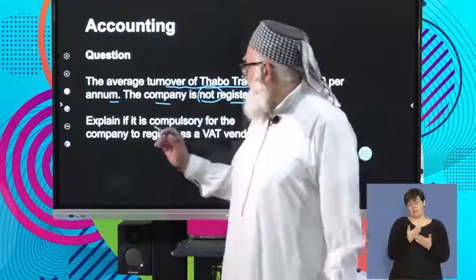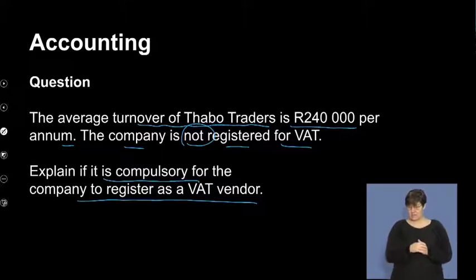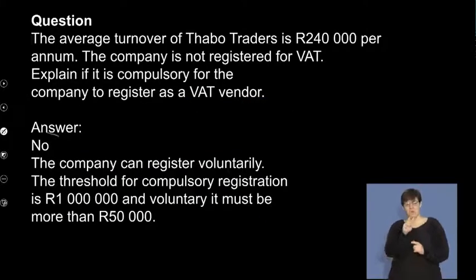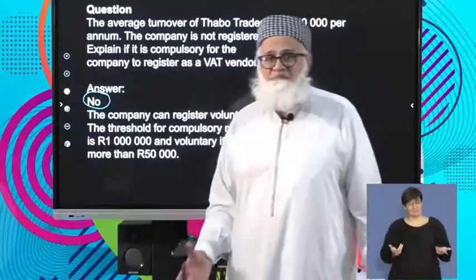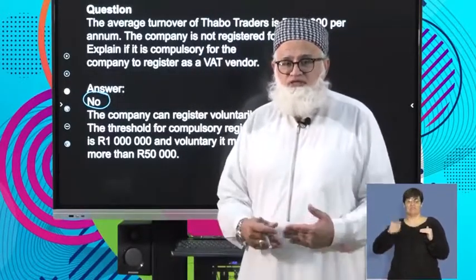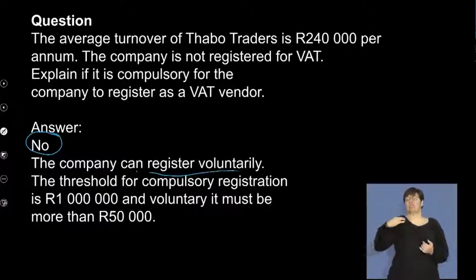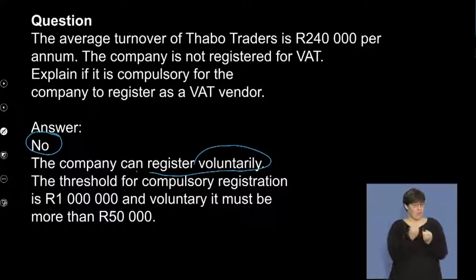Now explain if it is compulsory for the company to register for VAT as a VAT vendor. The answer obviously is no, because we said R1 million is the amount at which you have to register. The company can register voluntarily. The threshold for compulsory registration is R1 million, and for voluntary it must be more than 50,000.